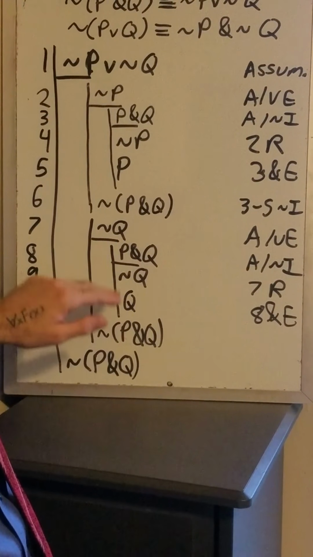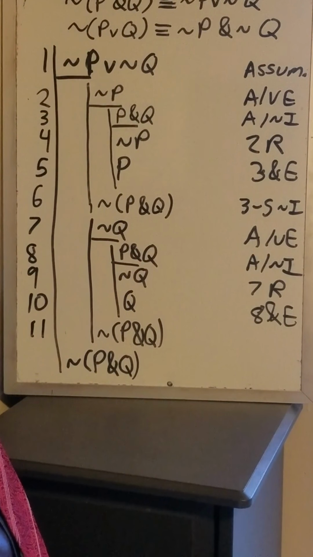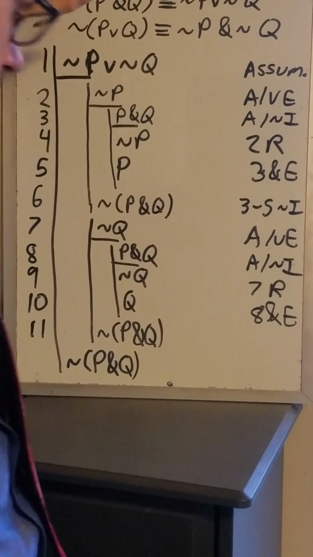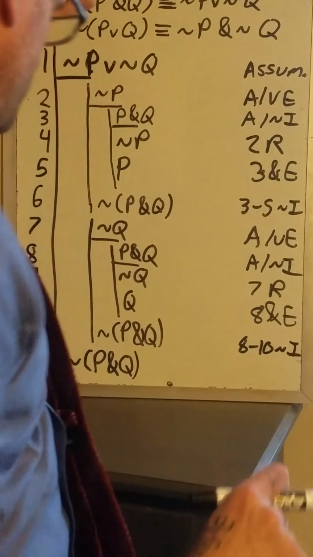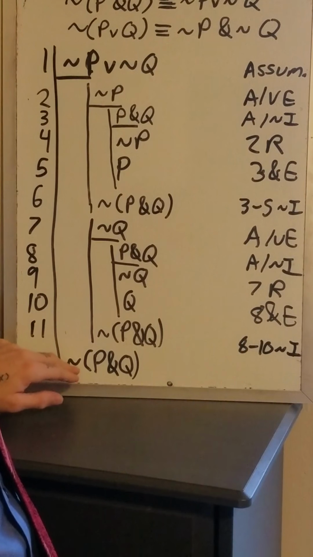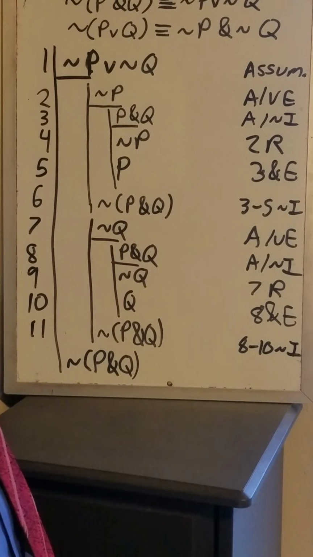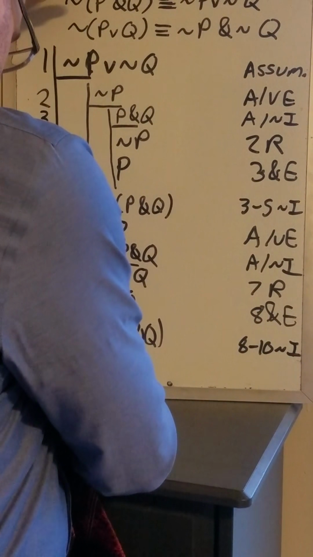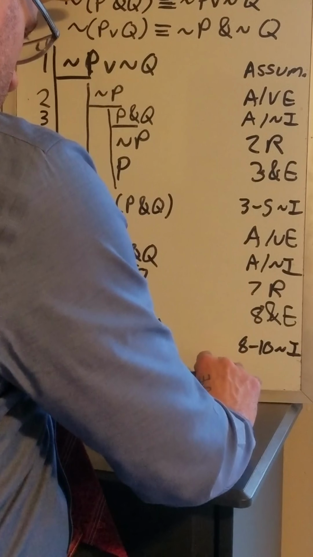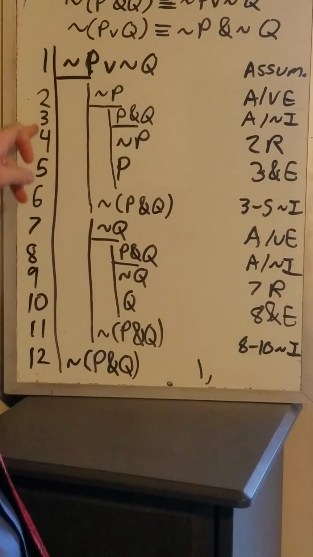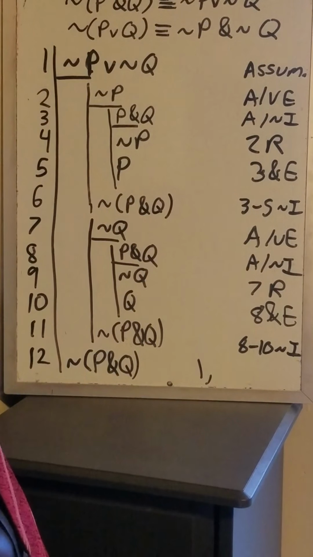And we have our line 11 by negation introduction 8 to 10. And now we can conclude what we wanted by disjunction elimination, lines 1, 2 through 6, and 7 through 11.